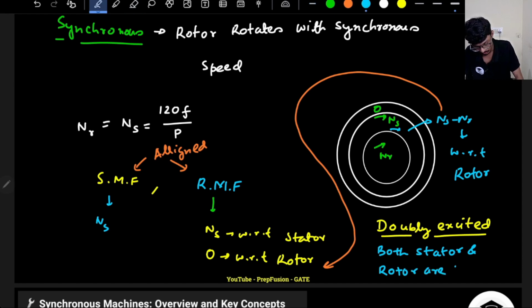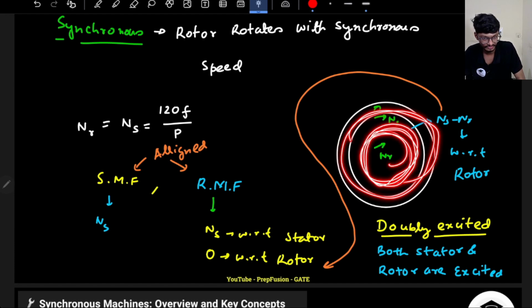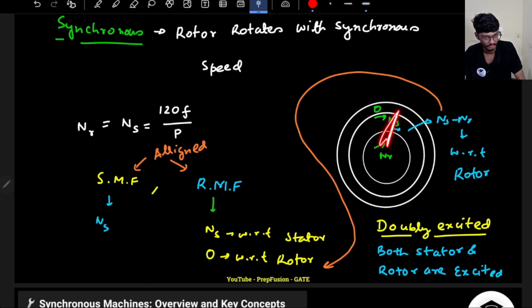Previously, we used to excite the stator side, right? We used to provide the three-phase supply in the stator side, and then it generates a rotating magnetic field. Due to induction, an EMF is induced in the rotor side, so that also in turn generates a rotating magnetic field. So both of those combine, right? The rotor itself inherently did not have any EMF of its own.